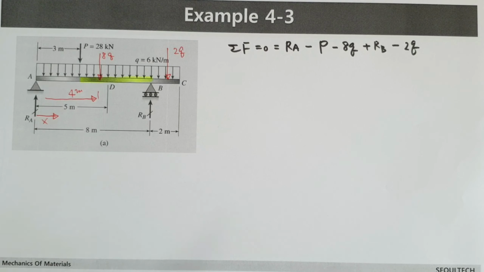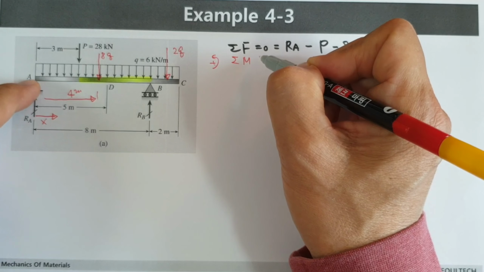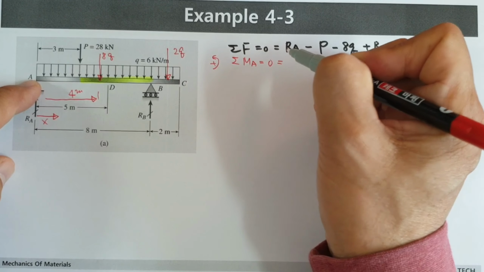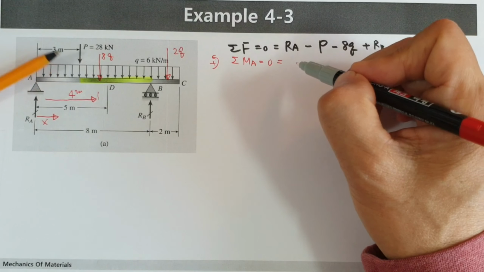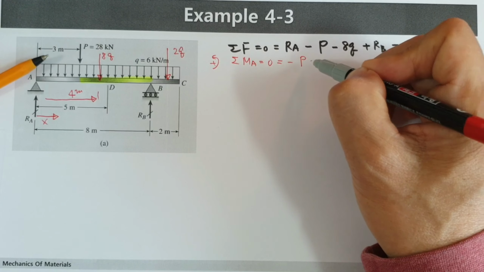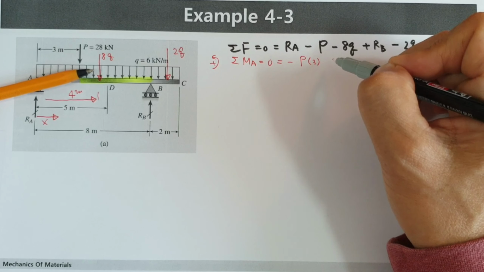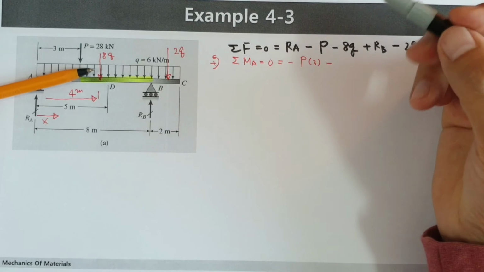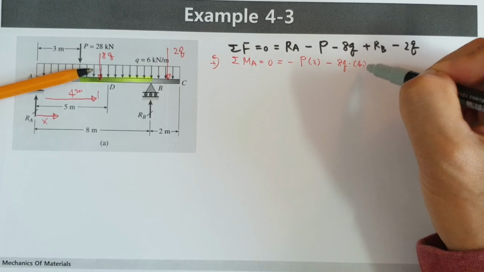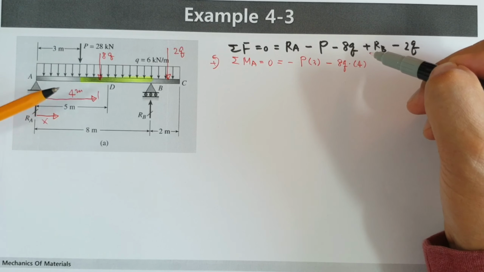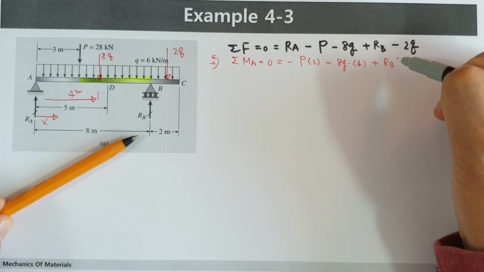Then we can apply moment equilibrium. Let's say the moment at point A equals 0. Then first, minus P multiplied by length 3. Next, this one's direction is minus, because we considered counterclockwise direction as positive, 8q multiplied by 4. This distance is 4. Okay, next RB: positive RB, and the length is 8.